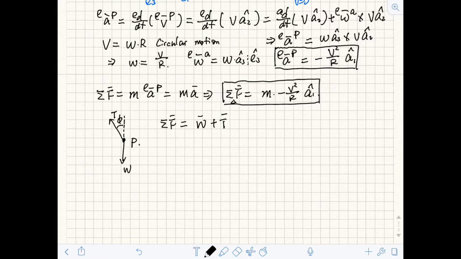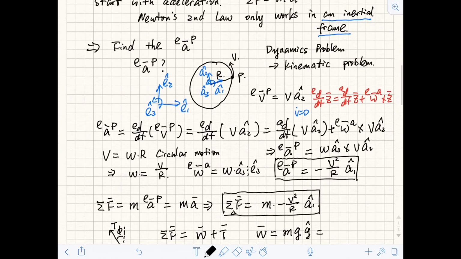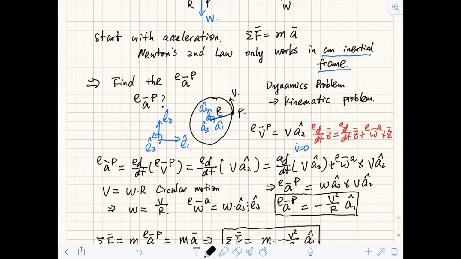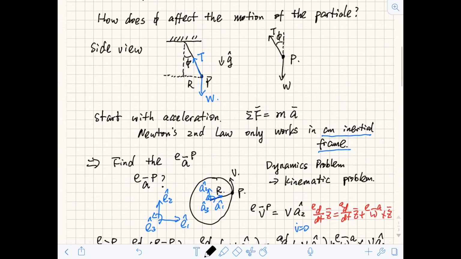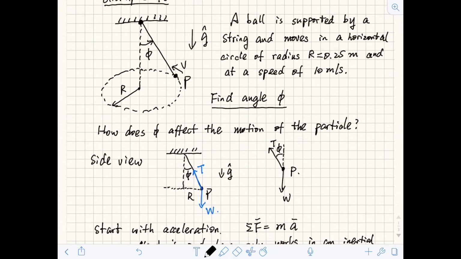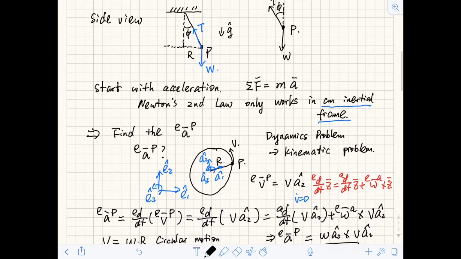Let's express W bar and T bar separately so that we can get an expression for the sum of the forces. W bar has a magnitude of mg, so it's mass times gravity acceleration, and it has a direction of g hat. And what is that g hat? We know g hat is pointing downwards.